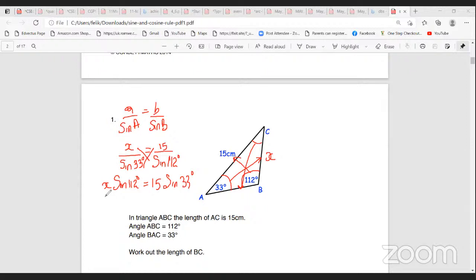Let's divide through by sine 112 degrees. So therefore x equals 15 sine 33 degrees divided by sine 112 degrees. All right, so let's put that in our calculator and work it out.